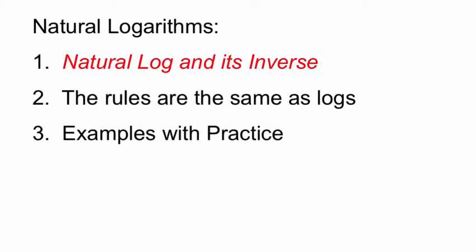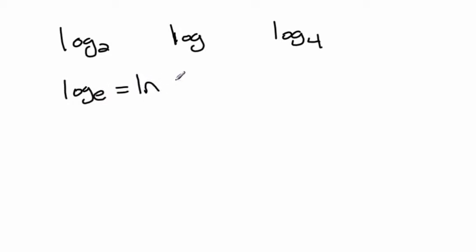So first, let's talk about the natural log and its inverse. We've seen log base 2, log base 10, log base 4. So logs can have different bases. A log could also have what's called base e, and if a log has base e, we refer to that as the natural log.